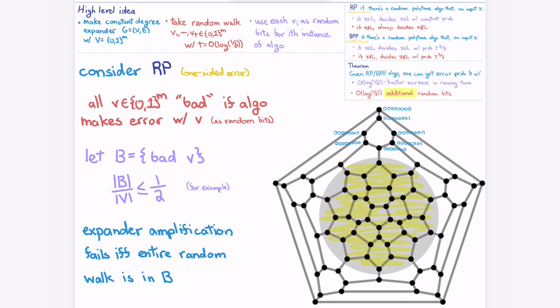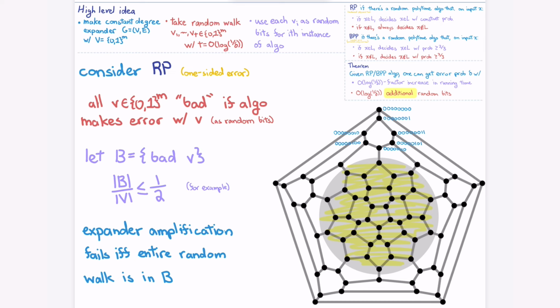Okay. So what we're going to show is just a graph statement. Let's say I have a regular undirected graph with spectral gap gamma, and I have a set of bad vertices, and I'll let mu denote the fraction of bad. Suppose I do a random walk where the first vertex is sampled uniformly at random and the rest just walk around.